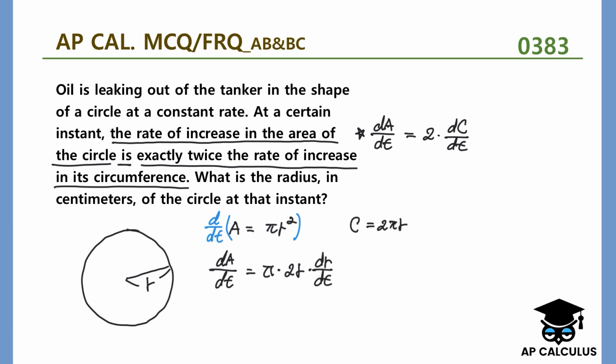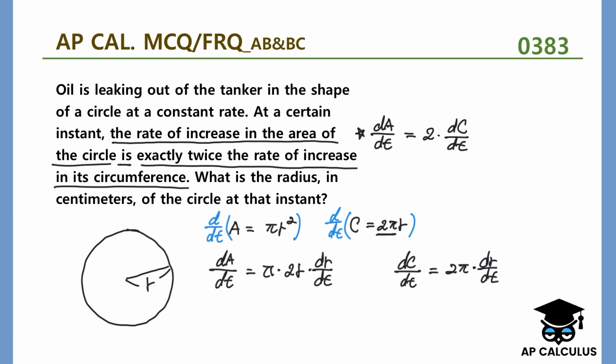Let's differentiate this equation right here. So we have dC over dt is equal to 2 pi, which is constant, times the derivative of r with respect to t, dr dt.